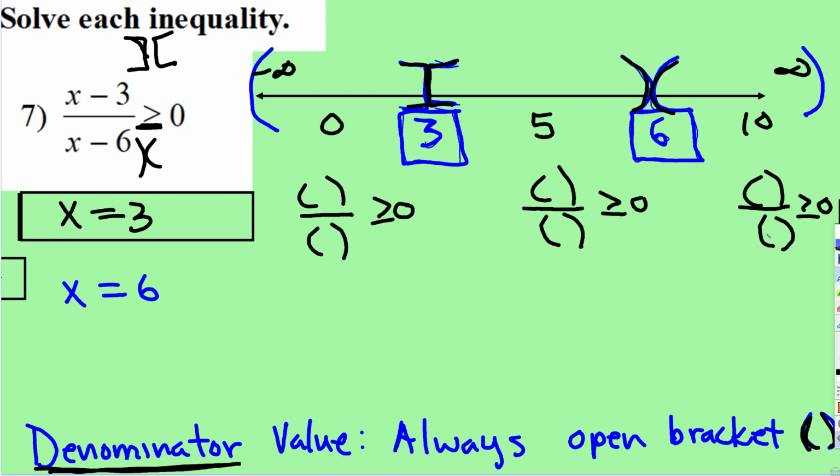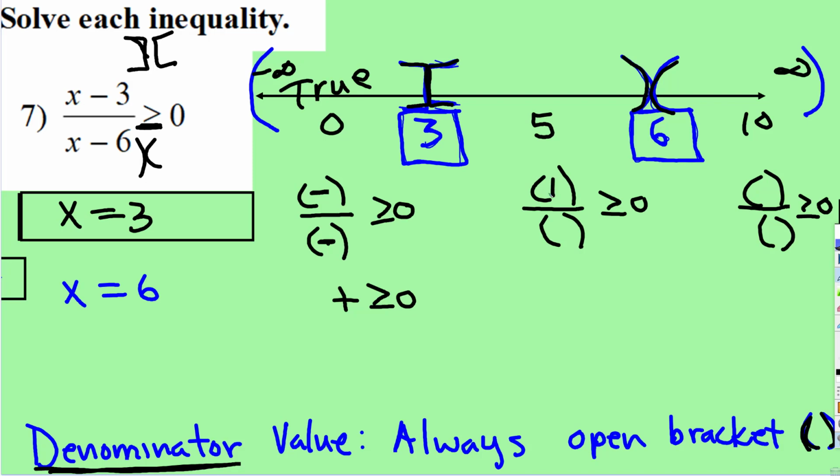Okay, so when we put 0 in here, 0 subtract 3 is negative. 0 subtract 6 is negative. A negative divided by negative is a positive number. So this interval is true. That works.